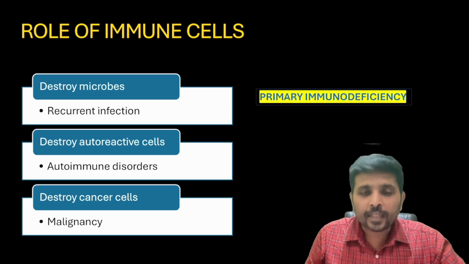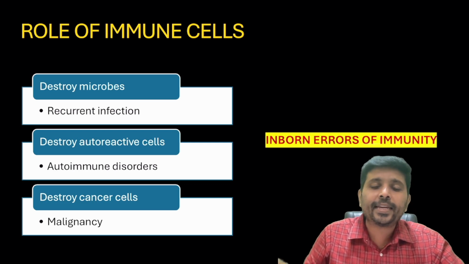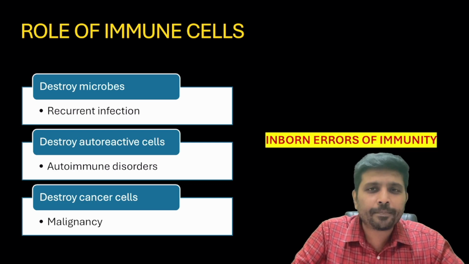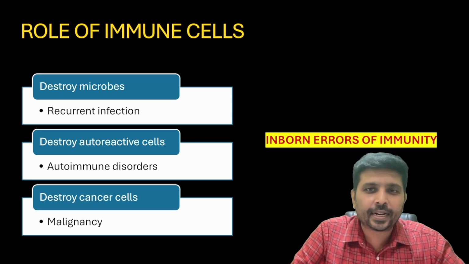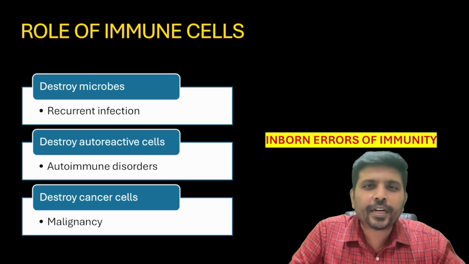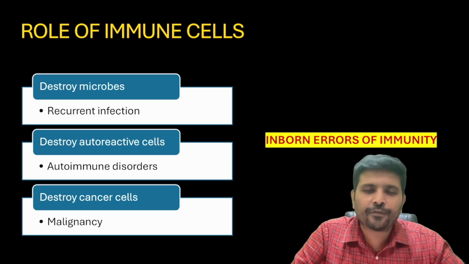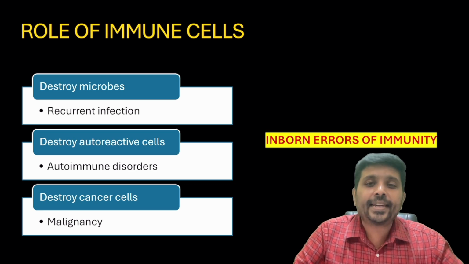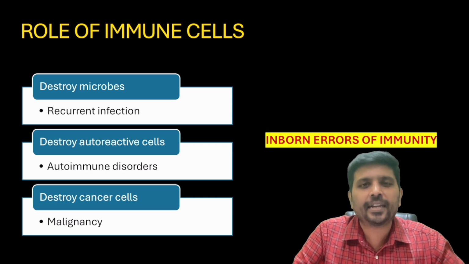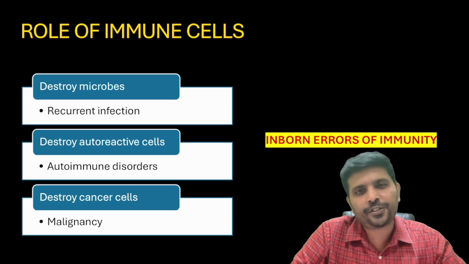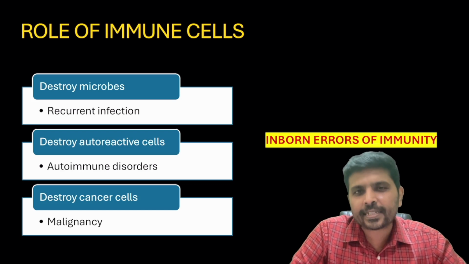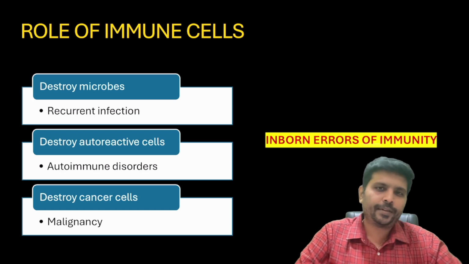But now, the term has been replaced by inborn errors of immunity because the manifestations are not only recurrent infections but also a combination of autoimmunity and an increased incidence of malignancy. So instead of calling it primary immunodeficiency, let's call it inborn errors of immunity.